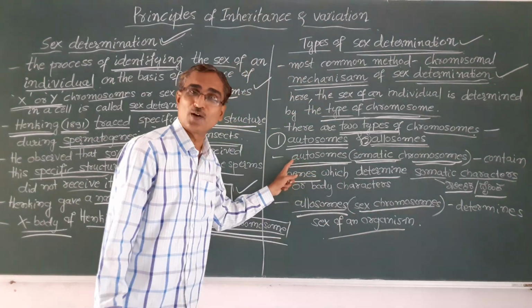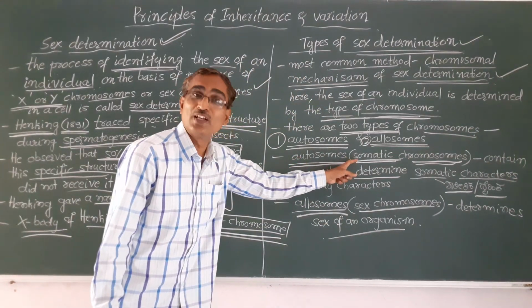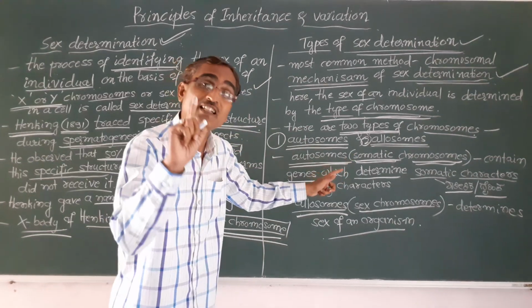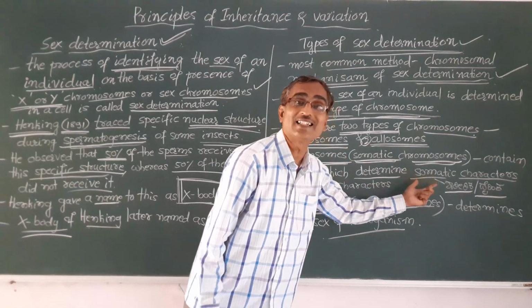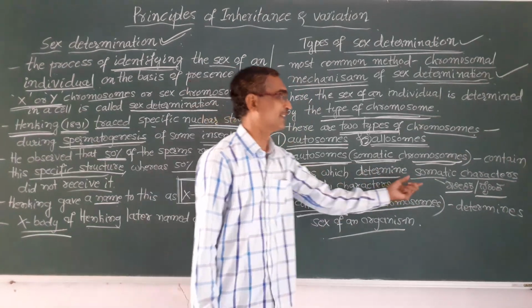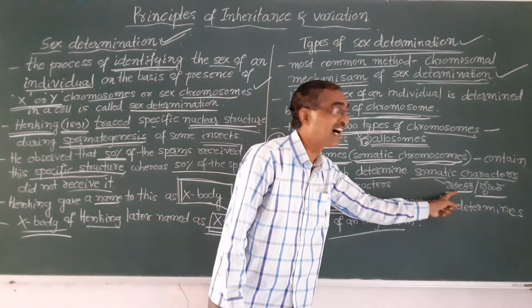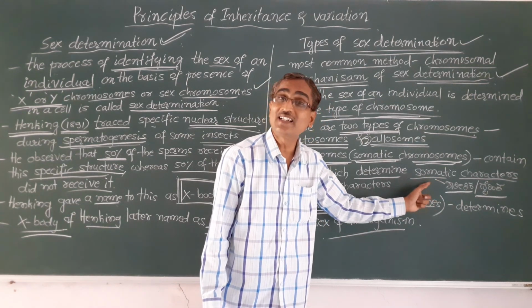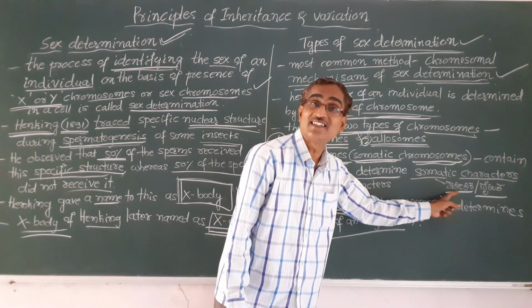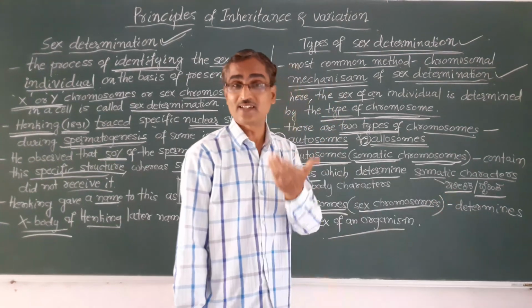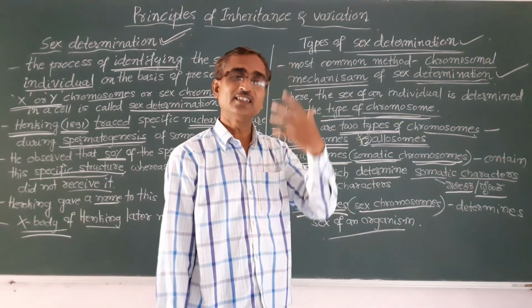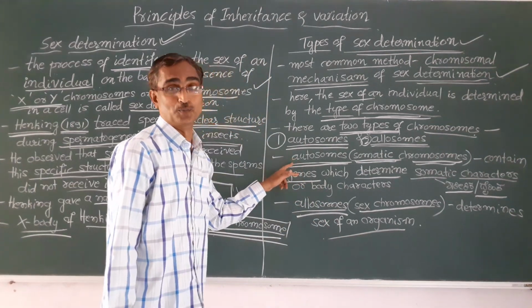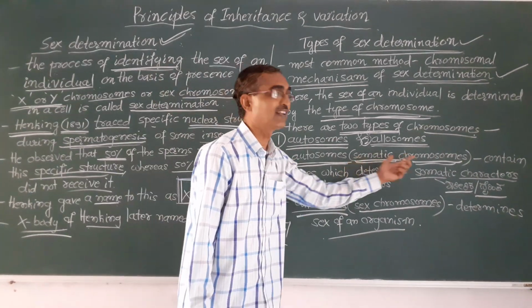These autosomes decide them. That is why they are called somatic chromosomes.